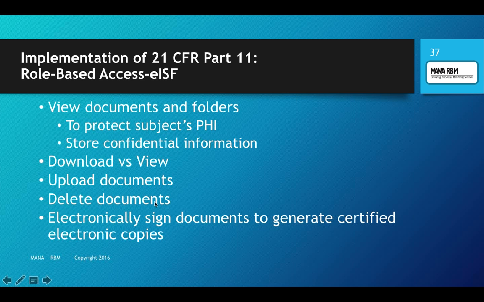You obviously don't want a lot of people to be able to do this. So this is all part of your role-based access. And as I mentioned, electronically signed documents to generate certified electronic copies. And we'll go through that a little bit more, how to do that. So those are the kinds of role-based access that you want to have within your system so that you can control and maintain confidentiality.